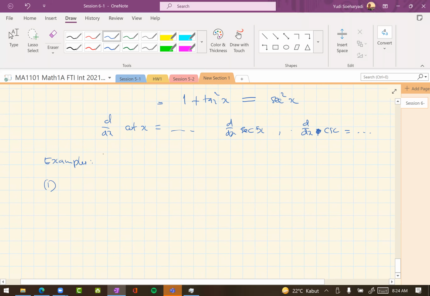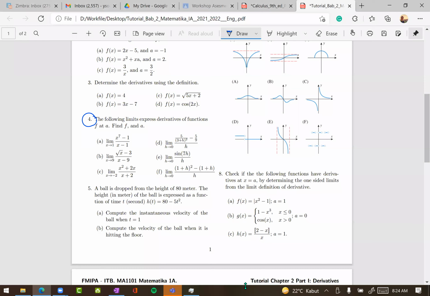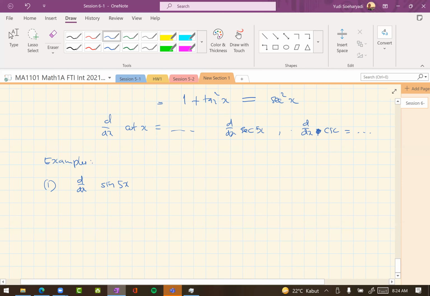All right. So, for example, derivative of sine 5x, for example. Okay. And you have to think of this as a composition, so decompose. So meaning how you compute sine 5x. First compute 5x and then compute sine. Okay. So by chain rule.